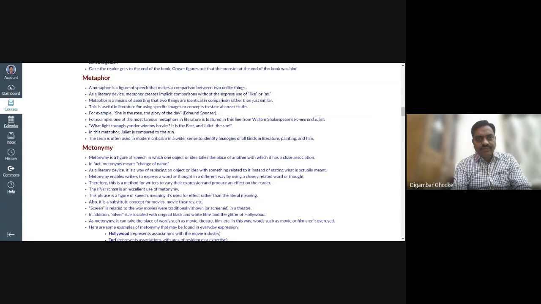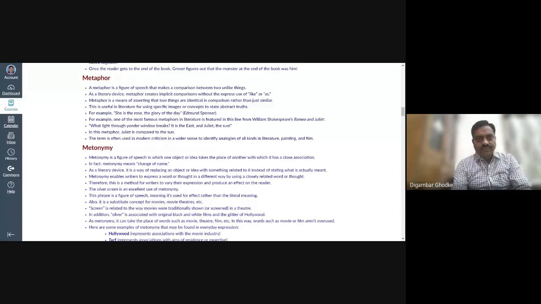For example, see the rose, the glory of the day is a line from Edmund Spenser's poem. Here you can see that the lady is compared implicitly with the rose without using like or as. She is the rose.